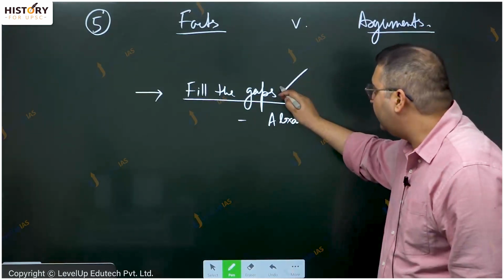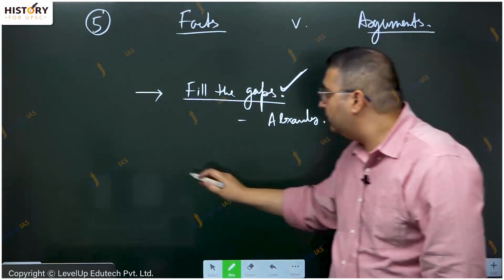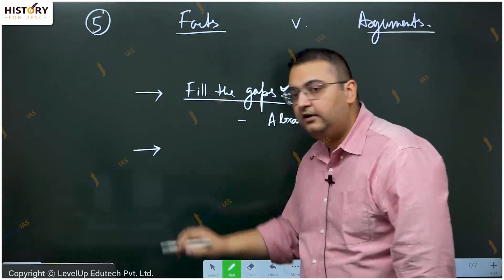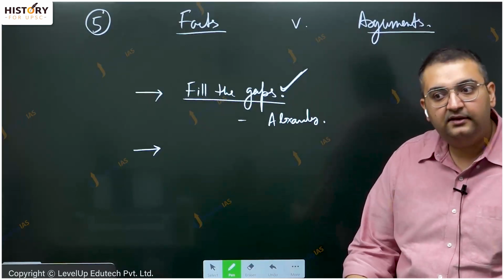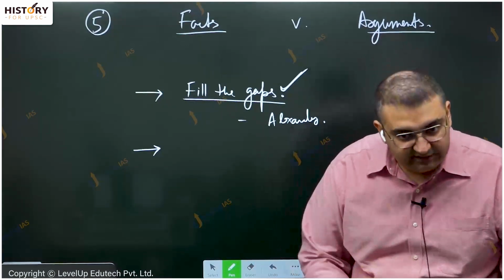So you make one argument, use one piece of evidence to substantiate it. Then introduce another argument. Kya? That it helps consolidate the chronology of Indian history as well.